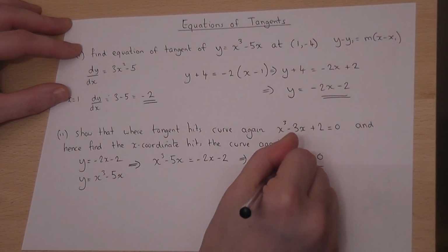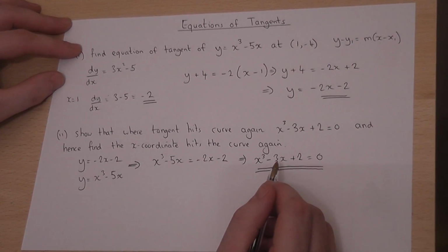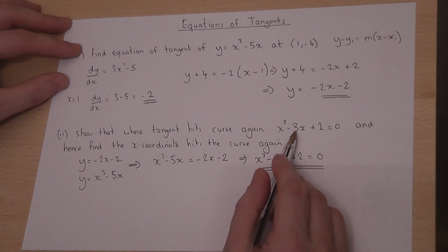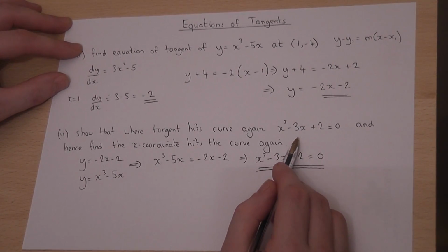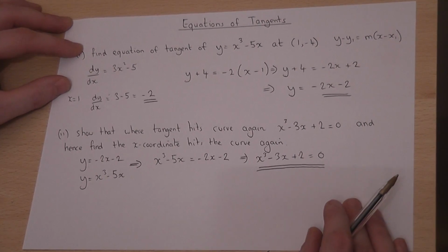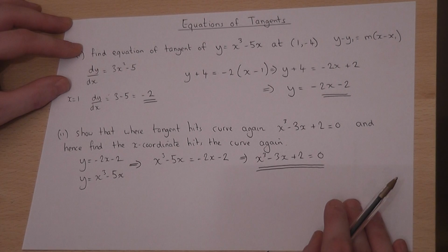So therefore I've got to solve that equation to find where the tangent hits the curve. And I've shown the desired result from the question. So where the tangent hits the curve, this equation is satisfied. But that's the point. How do you solve that equation?